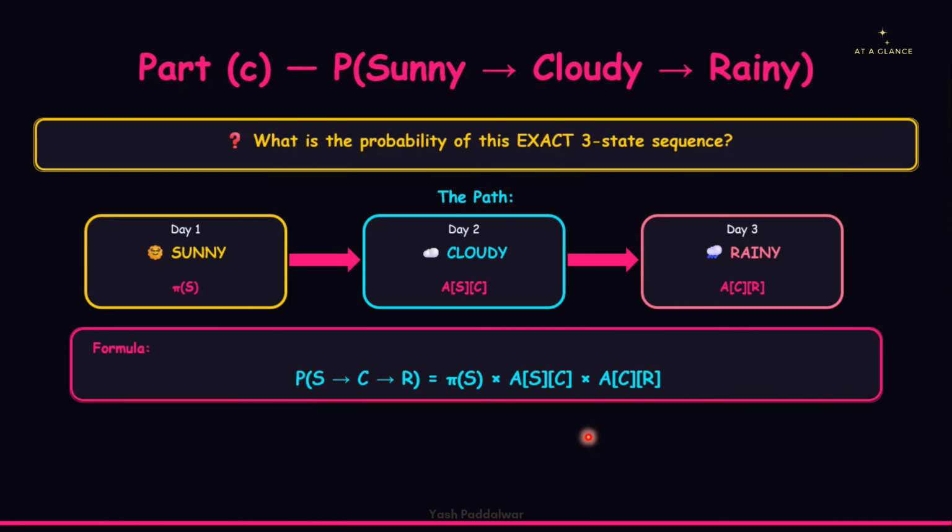So the formulation will be S to C to R, which means since your initial state is S, we'll be looking at pi of S, the initial probability of sunny, multiplied by the transition probability of S to C, multiplied by the transition probability of C to R. You just have to multiply all these entities.